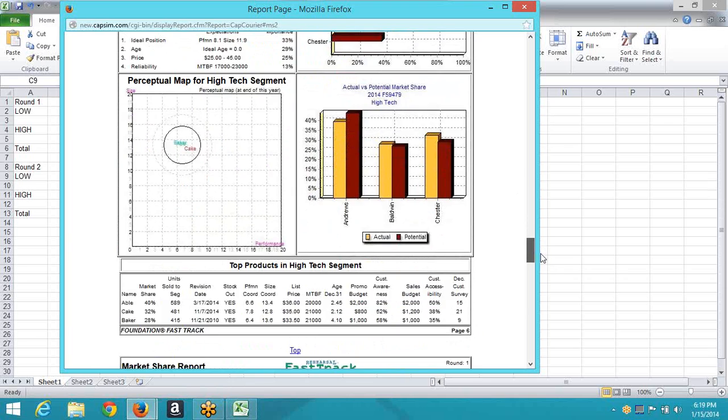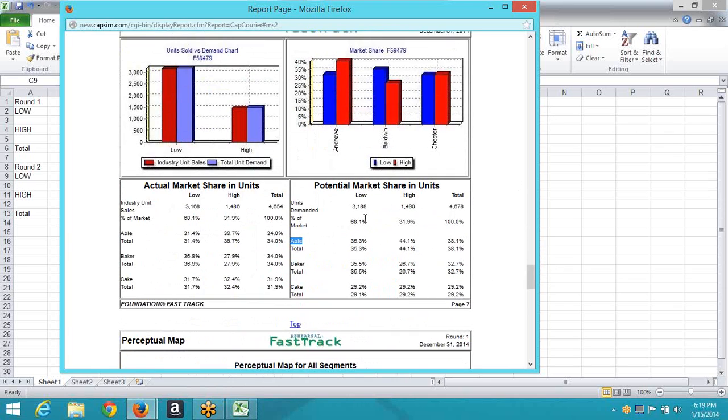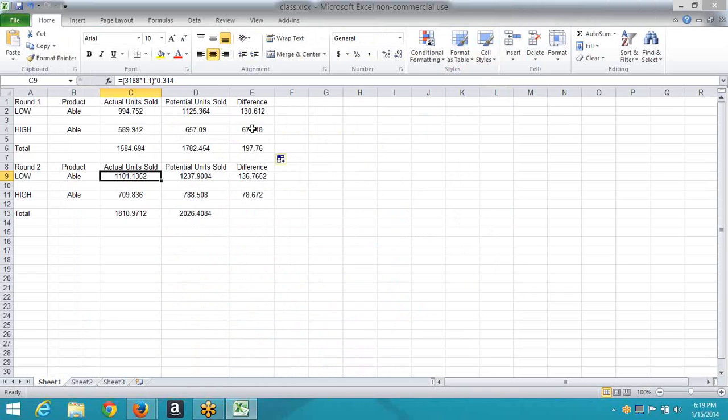I added that to the last year's unit demand, and then I multiplied it by my potential that I could have sold. And when I did that, I got that I could sell next year in the low-tech segment 1,101 products. That could potentially sell 1,237 products, or if I just kept what I sold last year, I could sell 1,101. But I want to shoot for that 1,237.